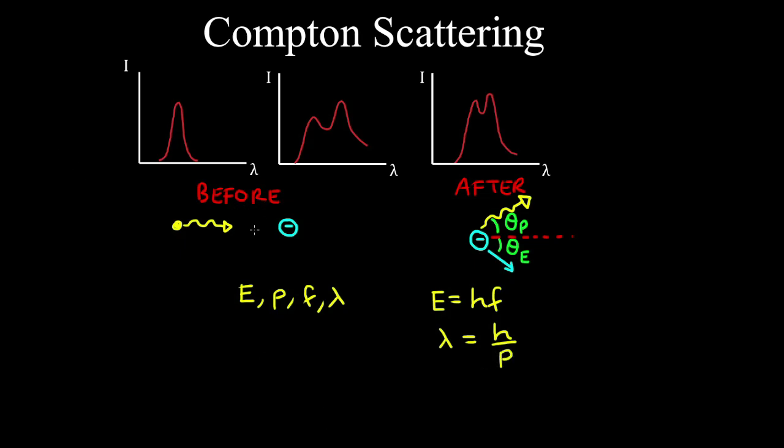And now if we apply a conservation of momentum in the horizontal direction, we have the initial momentum of the photon is equal to the final momentum of the photon times cosine theta p plus the final momentum of the electron times cosine theta e.